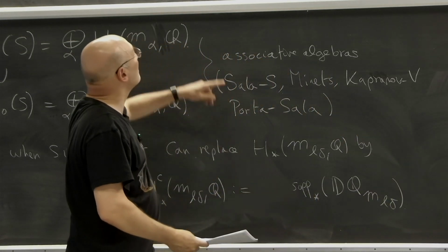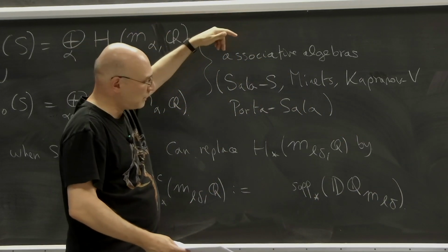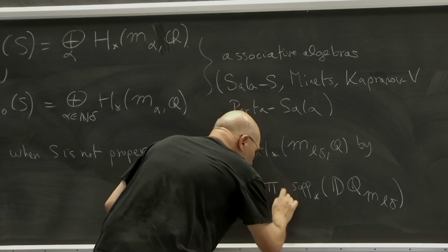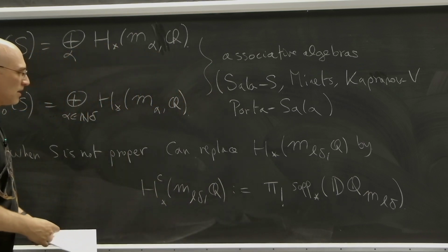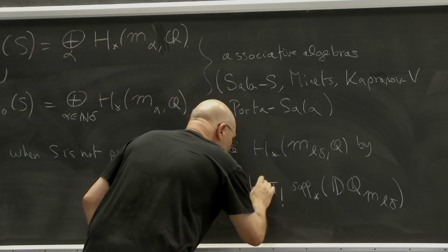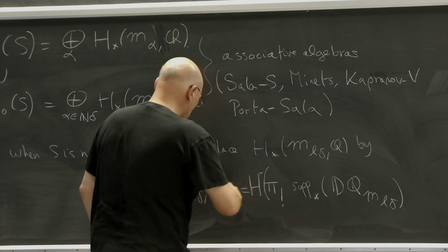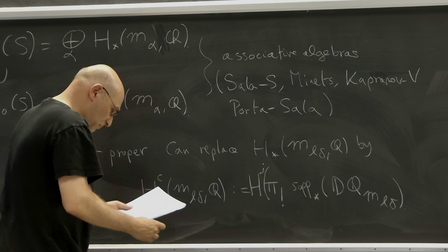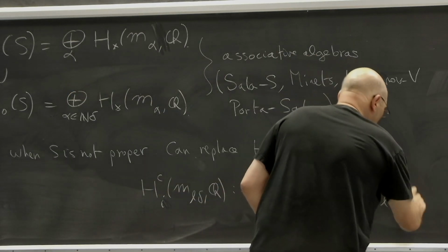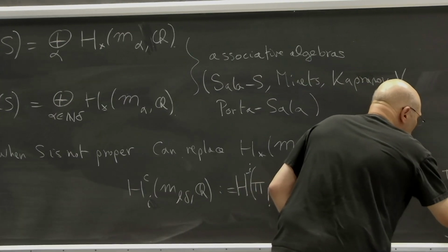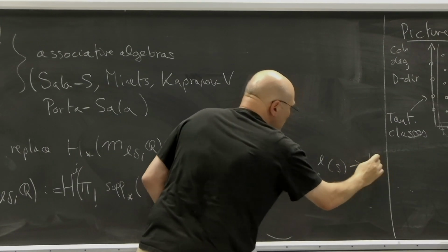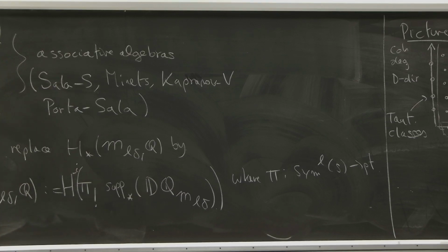And then whatever we get on Sym^L S, we take compactly supported cohomology of that. So we take the derived compact support, and then we take H minus i of that. Okay, H_i here is going to be H minus i. Maybe there's a shift, maybe not. Where pi is just the projection from Sym^L S to a point. So this allows you to get a slightly different algebra.